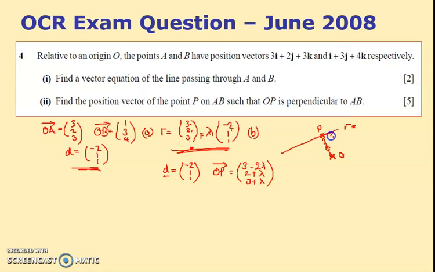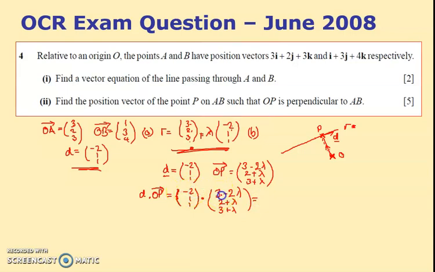I've also got my direction vector. I can dot them. So if I do D dot OP, the answer must be 0. So let's see what we get. I'll put it in a bracket just to highlight. (-2, 1, 1) is going to be dotted with (3 minus 2 lambda, 2 plus lambda, 3 plus lambda). And remember, when I dot them, I just add the results.